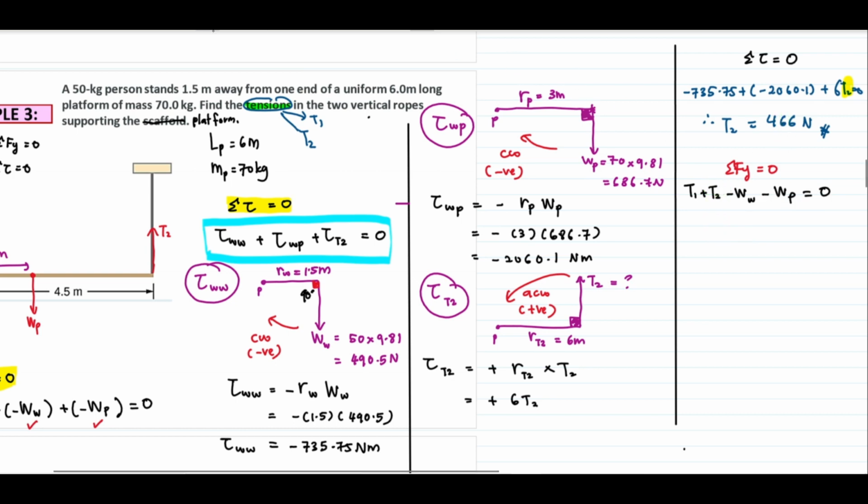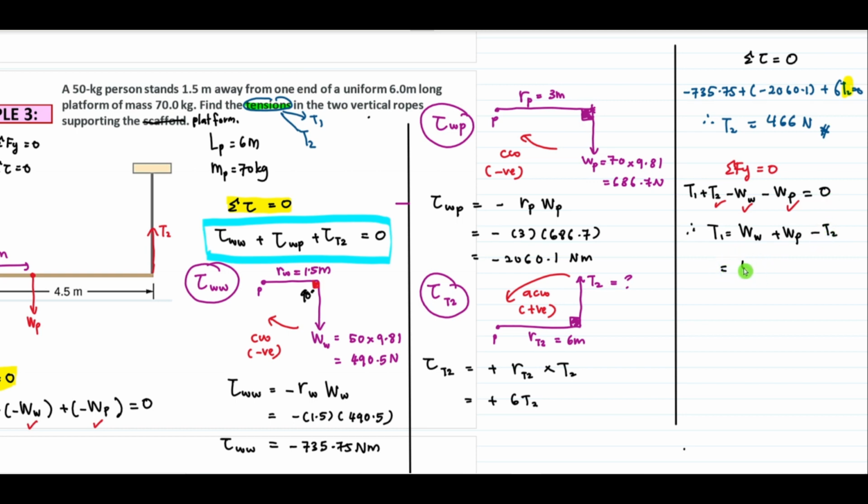So now we have all the values. T2 we have, weight of the woman we have, weight of the platform we have. Therefore, T1 is equal to weight of the woman plus weight of the platform minus T2. Okay, so put in the values.